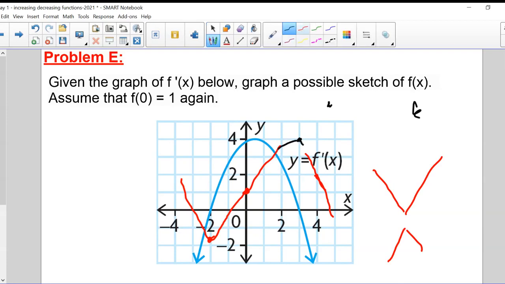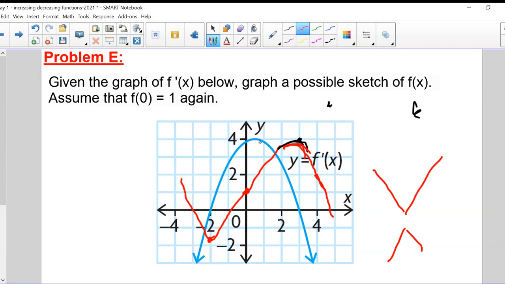Anyway, you all know where I'm trying to go with this. Even if I don't have it right on the 3, you know what I'm trying to do here. So right there at that point, it looks as if the function has a maximum point on it. That's all we can really say.